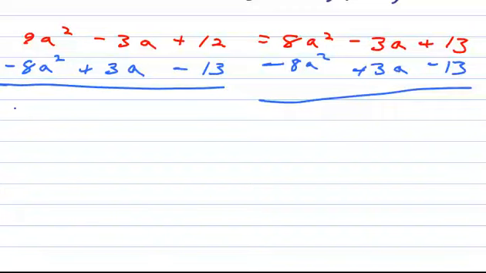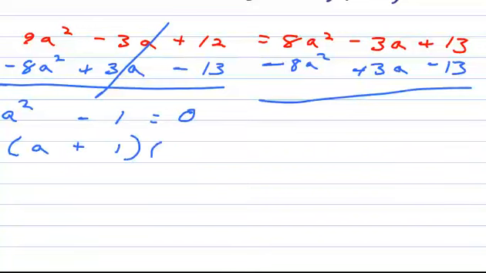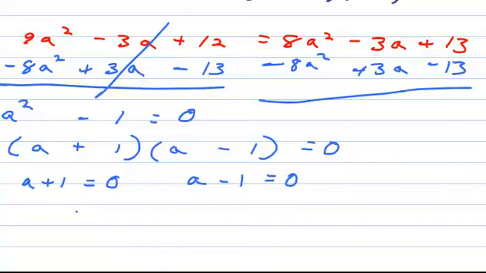So we're left with a squared plus nothing minus 1 equals 0. So we factor, and we have the difference of squares. Let's set each factor equal to 0. So we get a plus 1 equals 0, and a minus 1 equals 0. Solving for a, we get a equals negative 1, and we get a equals positive 1.